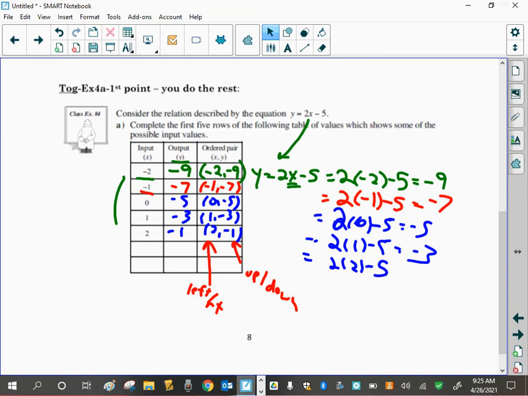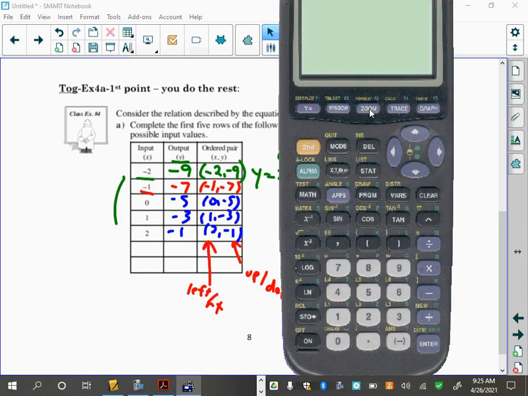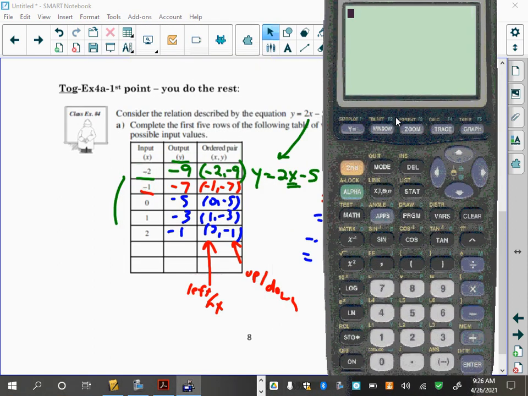Now I'll go to my calculator. There it is. Okay, who can tell me how to graph that on my calculator? Anybody else? Next box. Anybody? Anybody want to guess what you press first?